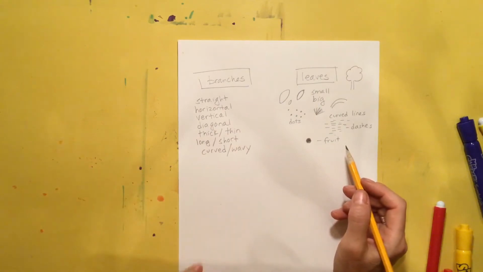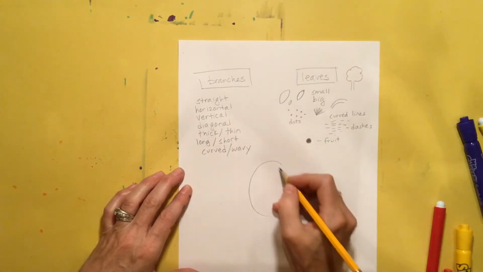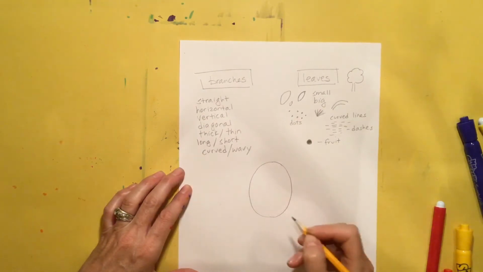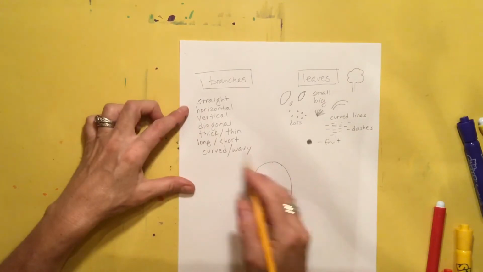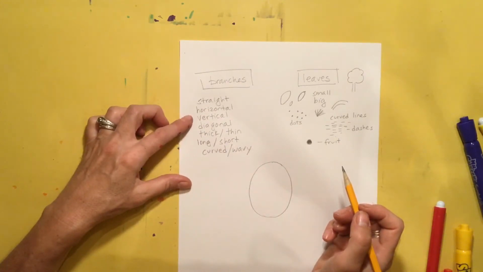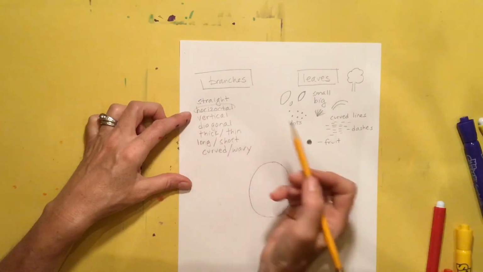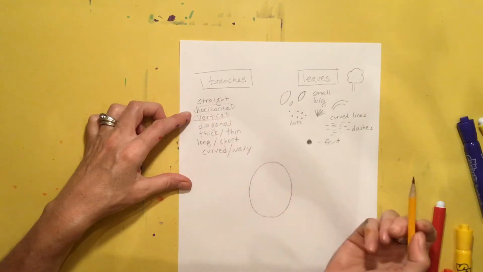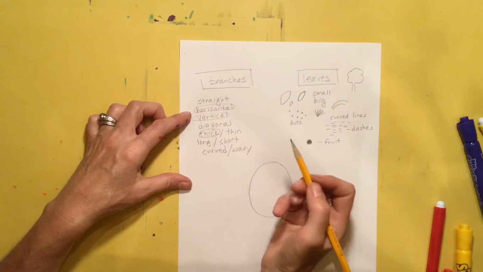So when you have your shapes, let's say you have your shape here, you almost act like you're ordering from a menu. So you say, all right, I'd like to use horizontal and vertical lines. I want them to be thick.